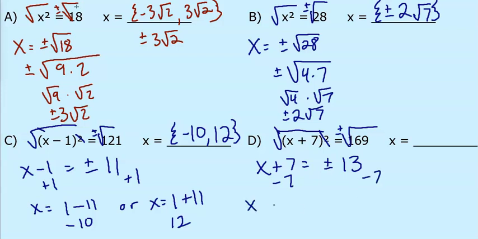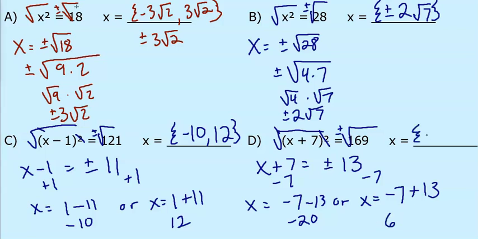So there you have your two equations, x equals negative 7 minus 13, or x equals negative 7 plus 13. So we have negative 20 and 6. So our two solutions are negative 20 and 6.